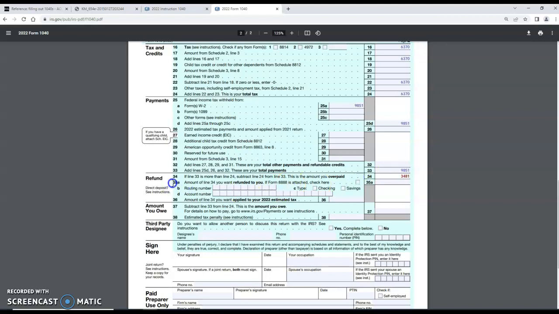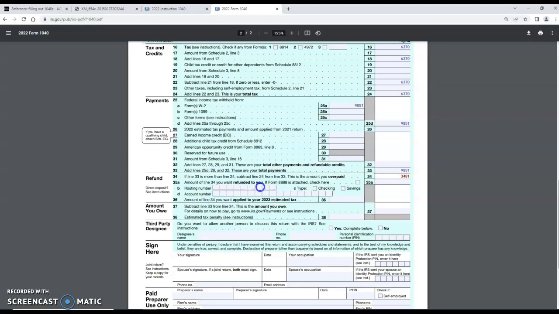on line 35A, it says how much of line 34, your refund, do you want actually refunded to you? Well, that seems strange. It's like, well, I want all of it.